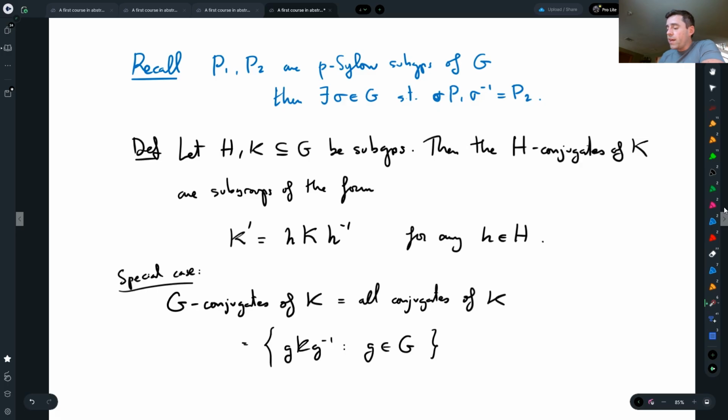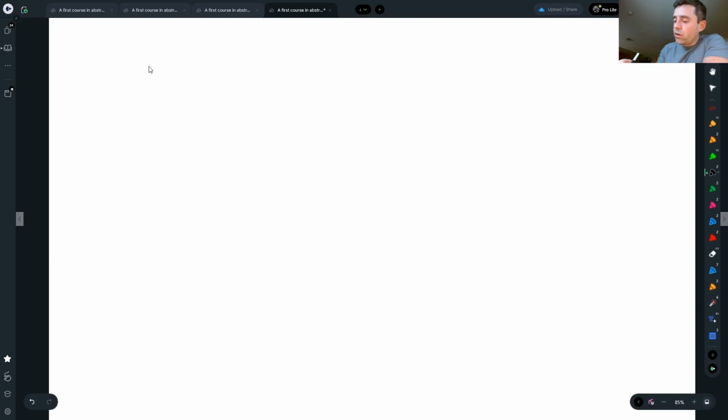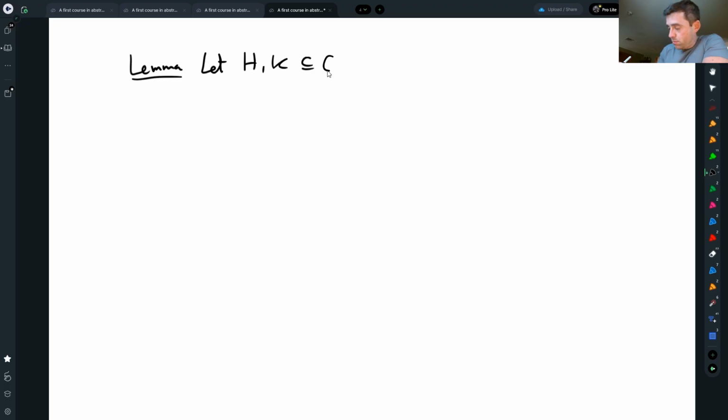So I can actually count how many K primes there are in the following result. So here is another lemma. Let H and K be subgroups.